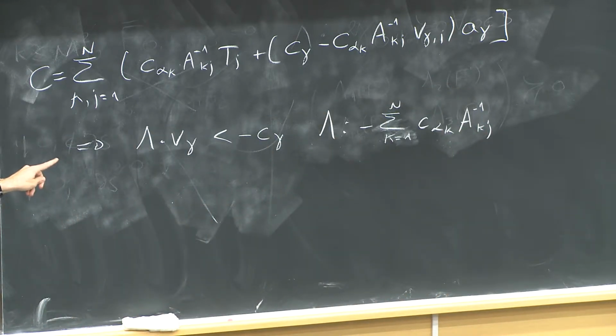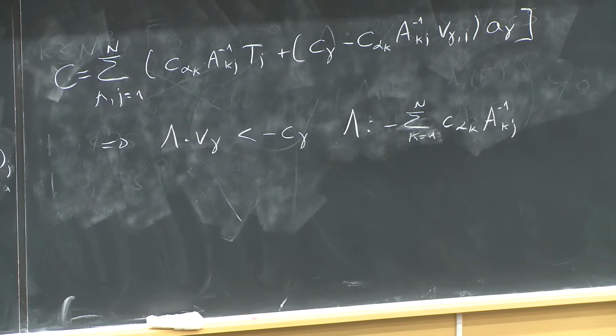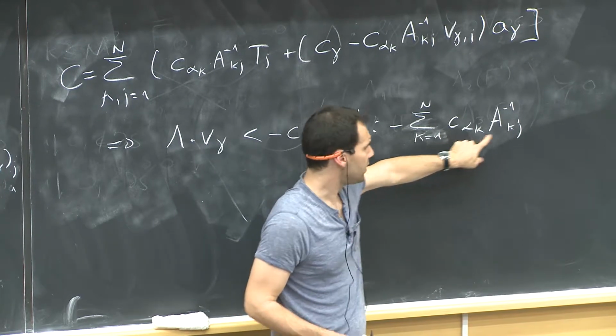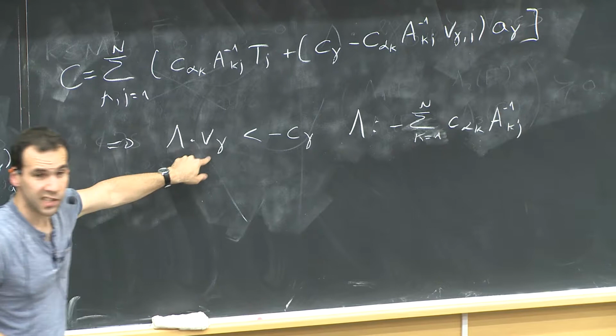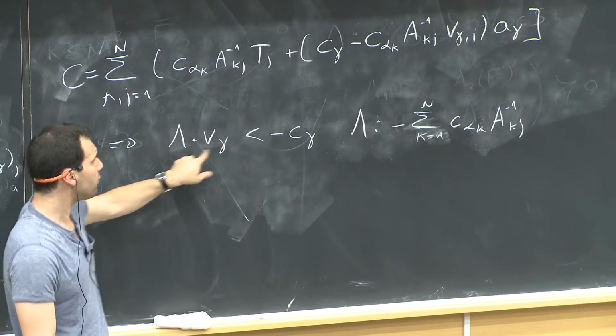I called it lambda because this is the functional. This is the functional in the other picture. Okay? So you construct this quantity. These are the costs of the basic vectors. This is the inverse matrix that I showed you before. And now you need to scan over all vectors in S until you find one for which this is true.